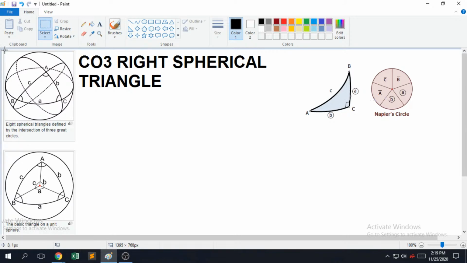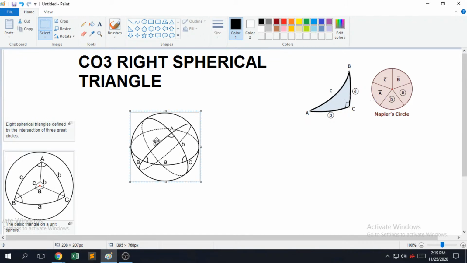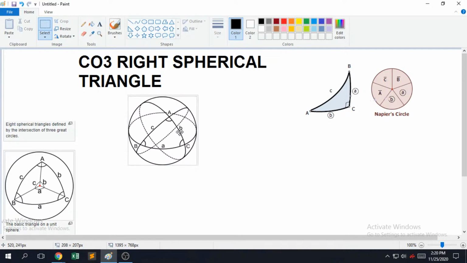So, as a review, as I have discussed yesterday, a spherical triangle is a triangle formed on the surface of a sphere, and it is created by the intersection of three great circles, as we can see in this illustration taken from Wikipedia.